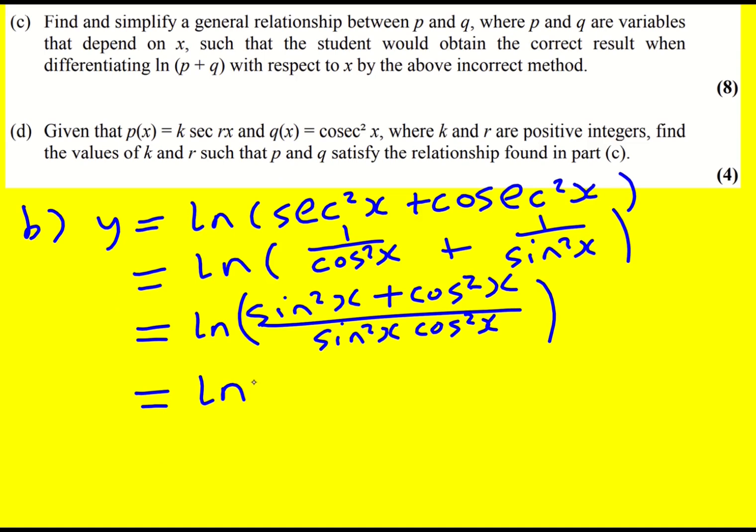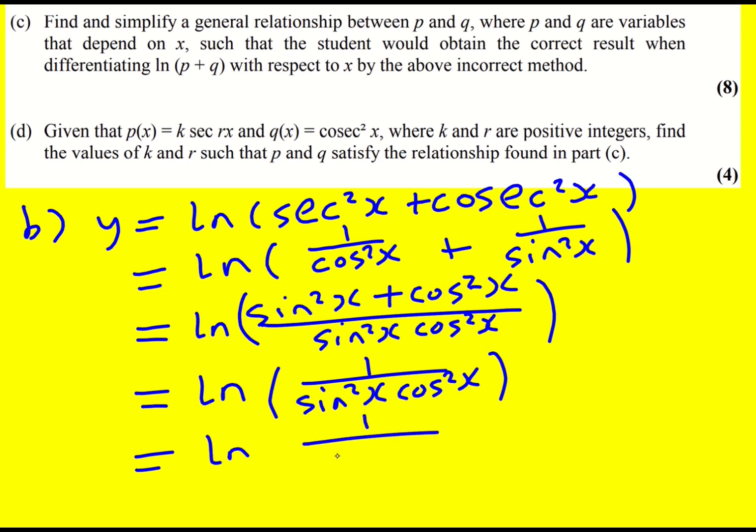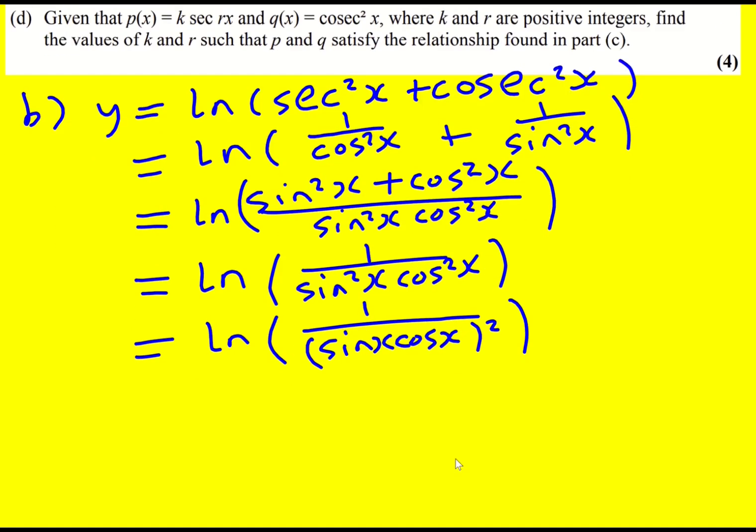We can use that identity. So it's going to be ln of 1 over sine squared x cos squared x. We can actually write this as ln of 1 over sine x cos x, all squared. Why would you want to do that?